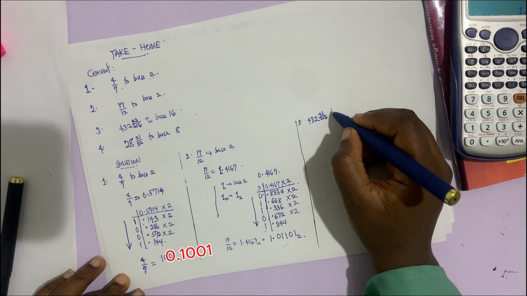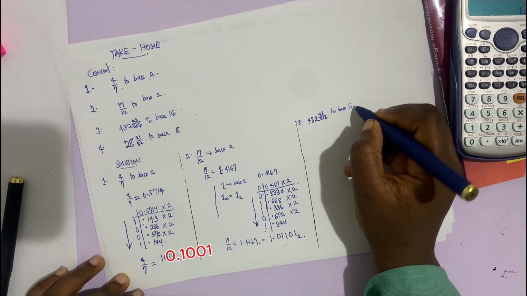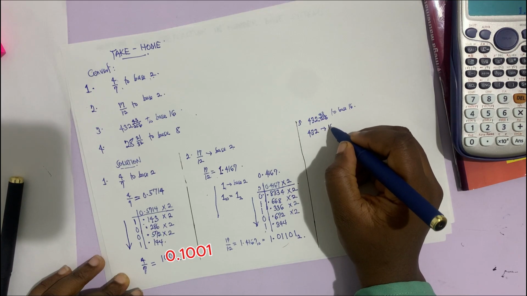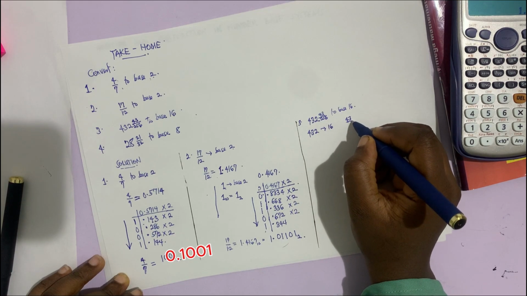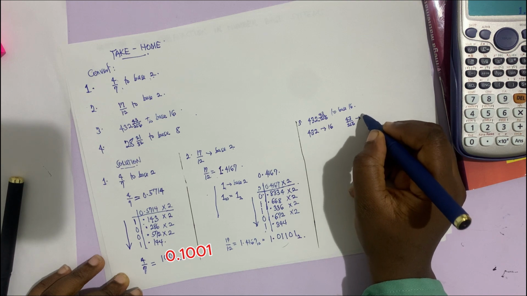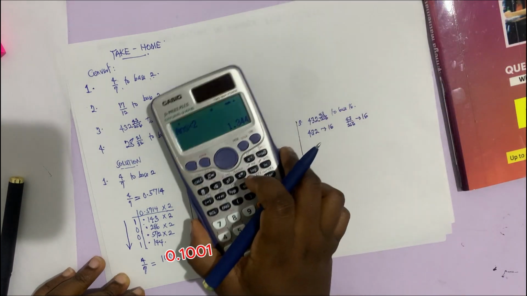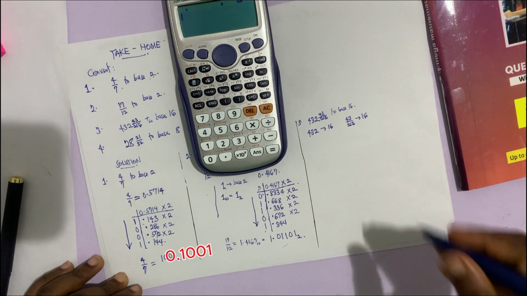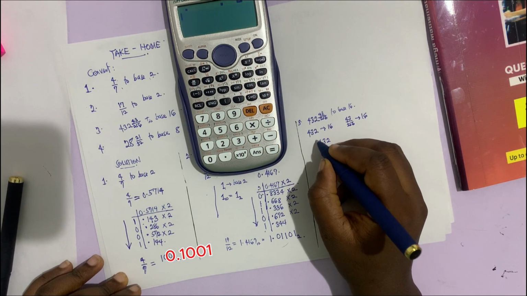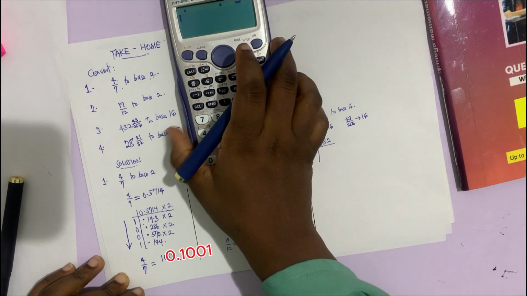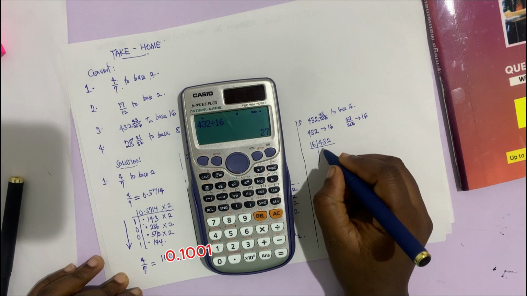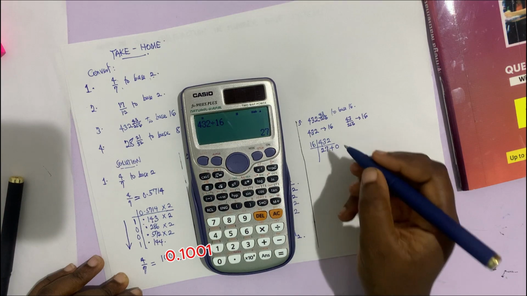For our third question, 432 whole number 43/256. We want to convert this to base 16. For us to do this, we separate the whole number, convert it separately to base 16, and then convert the decimal or fraction separately to base 16 and join the results we get. So to convert 432 to base 16, we are going to be dividing through by 16. So 432 divided by 16 will give us a perfect 27 without remainder.